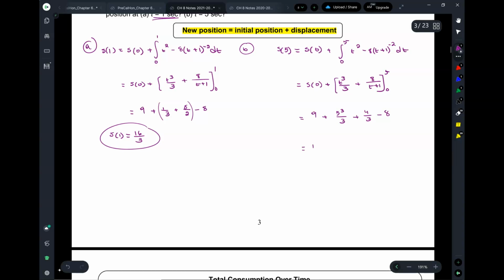And then 5 cubed is 125 plus 4. That's 129 over 3. And that's divisible by 3, believe it or not. 129 divided by 3 is 43. So that's 44. Look at that. Yay. Let's say 5 cubed though. I think we'll stop here.